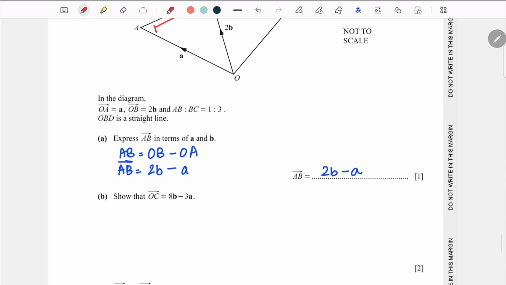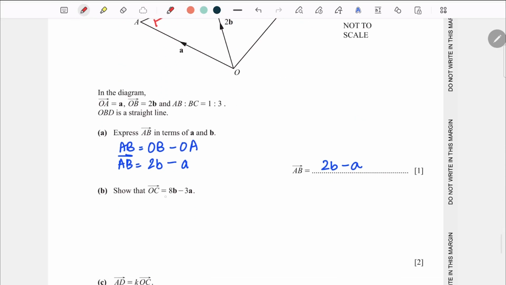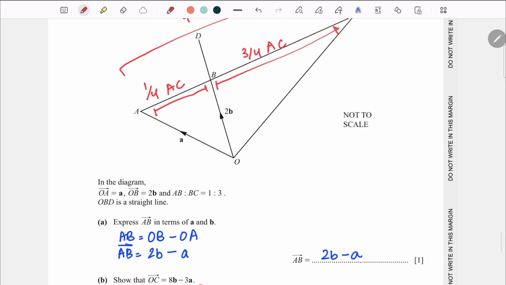Now part b is asking us to show that OC is equal to 8b minus 3a. OC can be written as AC plus OA. Because we had already found AB in the previous part, I'm going to use that. AB is equal to 1 over 4 AC.